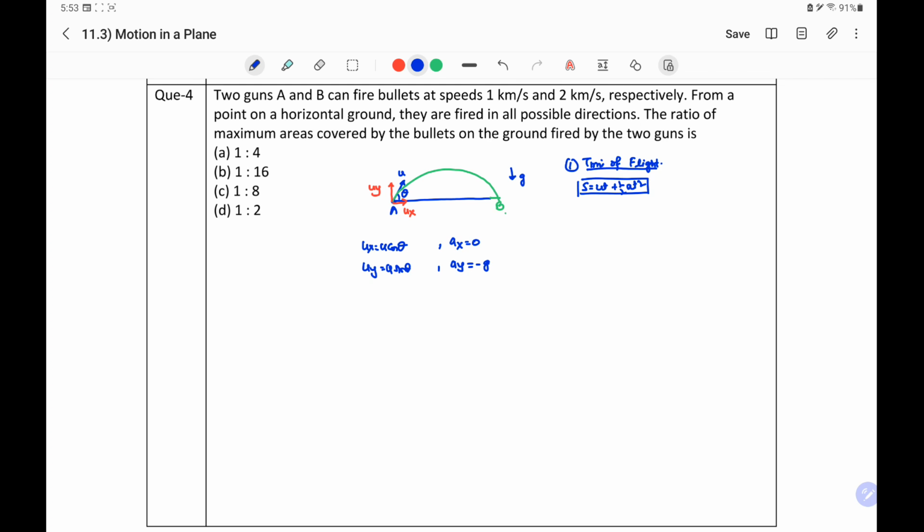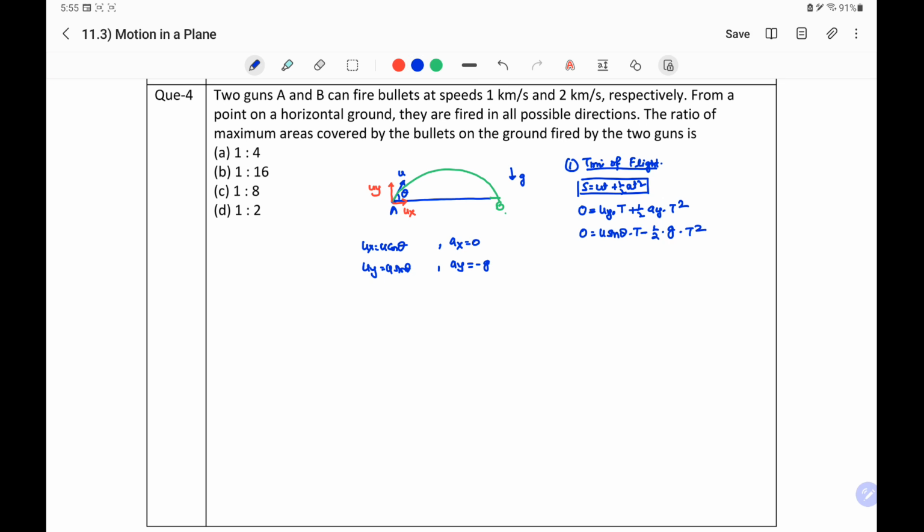In vertical direction, while object move from A to B, that displacement is 0, so it is 0 equal to velocity in vertical direction is uy and time taken to reach from A to B, suppose capital T, plus half ay into t square. Substituting the value, it will be 0 equal to u sin theta into t minus half into g into t square.